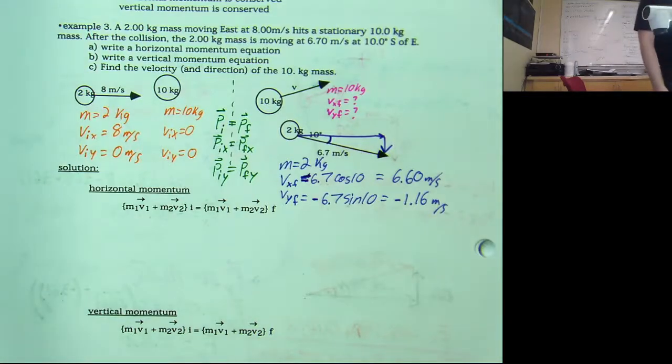Oh, 0.28 and 0.23. Yes, they are. Yeah. Find them individually and recombine.